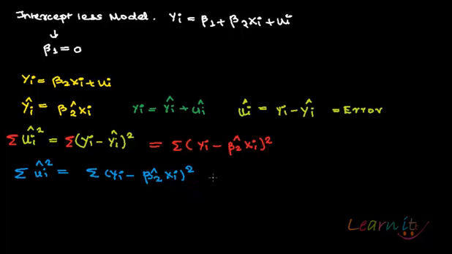Now what do I have to do with this? I have to find the estimate for beta 2 hat, so I'll partially differentiate this.